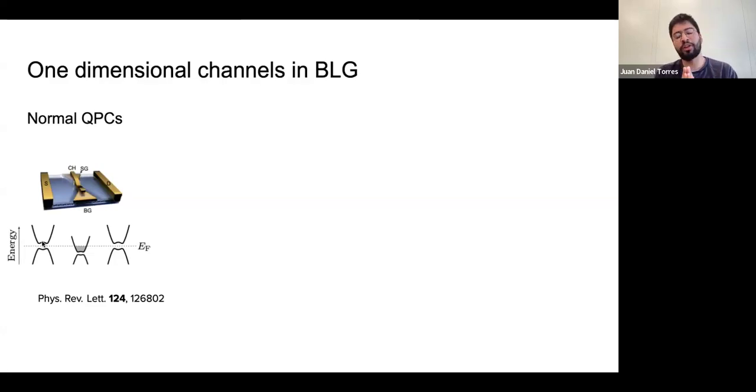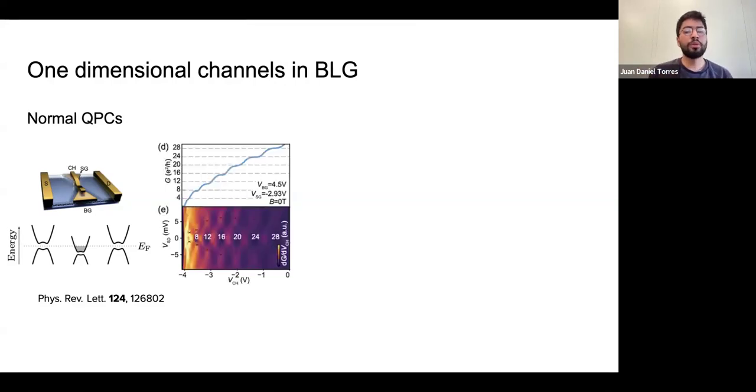If one on top of that can control the chemical potential, one can tune a specific region, as I show here: three gapped regions, and only the region in the middle has electrons that are conducting and that are symmetric for both valleys. In this experiment, what people find is that the conduction in these very narrow channels is quantized in units of 4 times the quantum of charge.